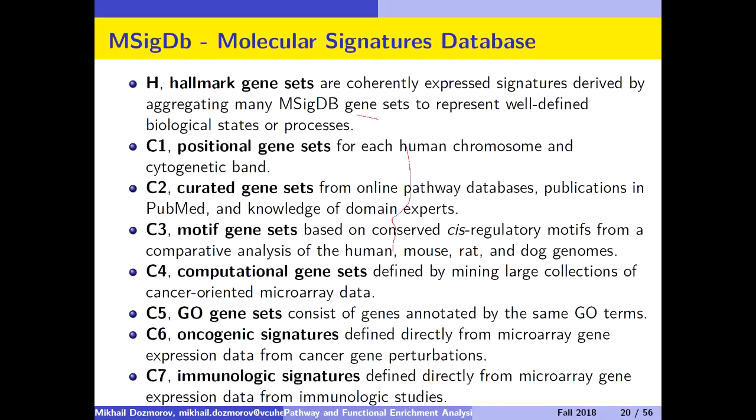And C7 is immunologic signatures. We can study autoimmune diseases, and for those immunologic signatures you can have signatures of T cells, B cells, and different subtypes of those cells, and they also have their own gene signatures, which are assembled in this particular section.